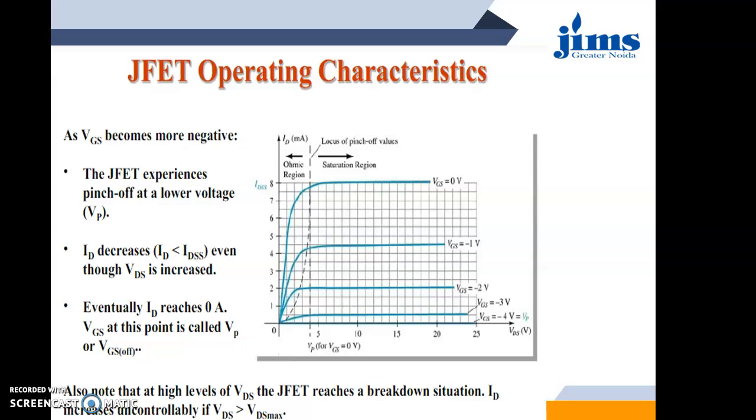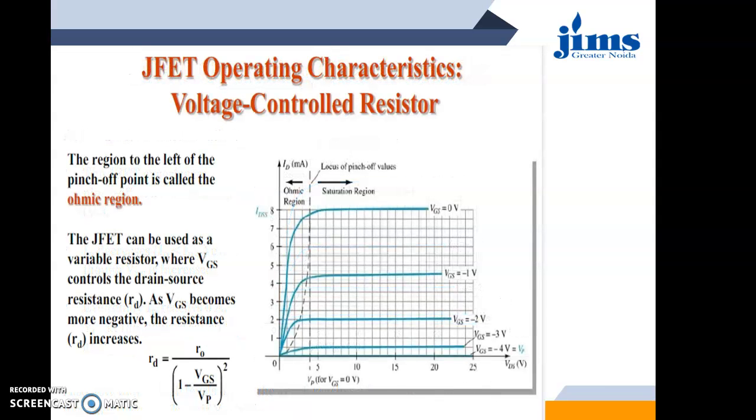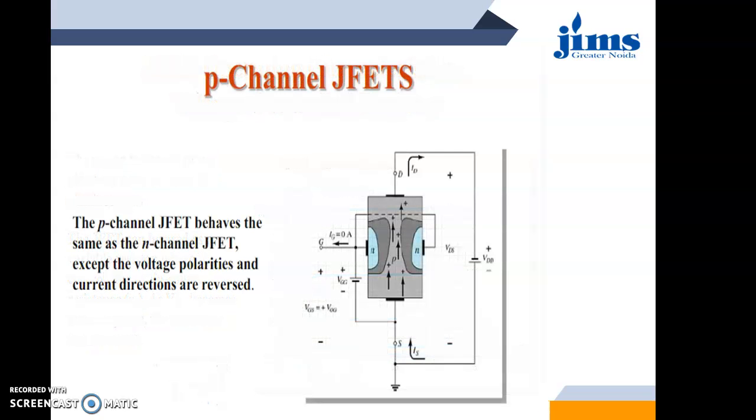So it is the saturation region, where the current remains constant, and it is the ohmic region near the y-axis, where the current increases linearly following Ohm's law. This is the drain resistance, given as Rd equal to R naught upon (1 minus VGS upon Vp) whole square, where VGS is the gate to source voltage and Vp is the pinch off voltage.